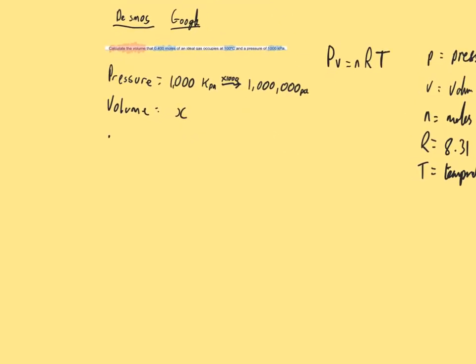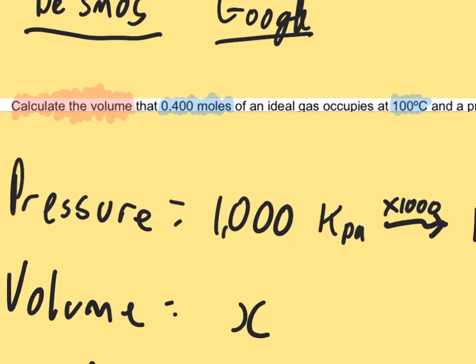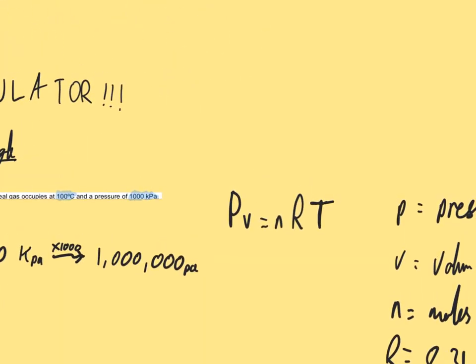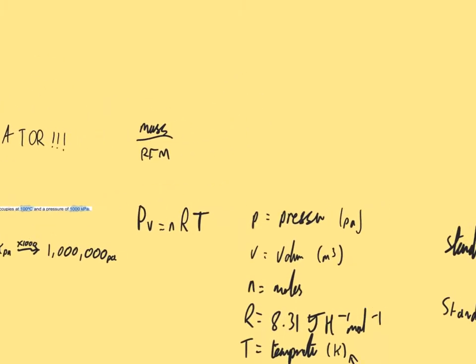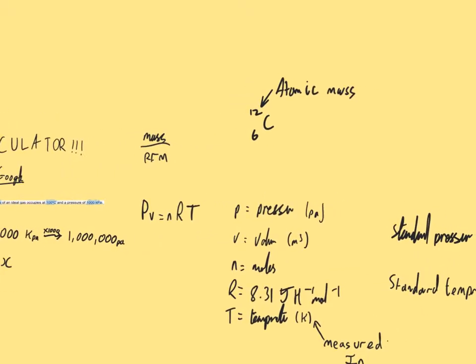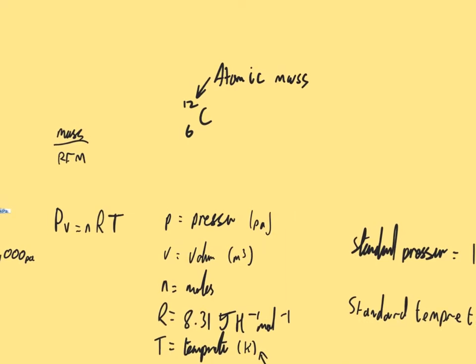N, our moles, has been so kind as to already be given to us. But in case you don't get it given, you just do the standard moles calculation, which is mass over RFM. For a single atom, it's the atomic mass, and in a compound, it'll be all the atomic masses added together.